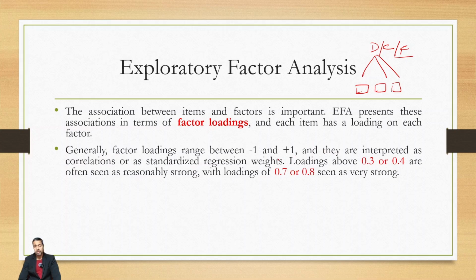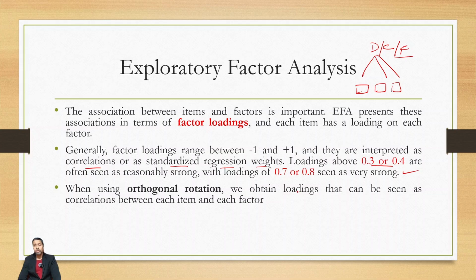Generally factor loadings range between -1 and +1, and they are interpreted as correlations or standardized regression weights. Loadings above 0.3 or 0.4 are often seen as reasonably strong, while loadings as high as 0.7 or 0.8 are very strong. This means either way, plus or minus: -0.3, -0.4 also, and +0.7 or -0.7 or -0.8 also.